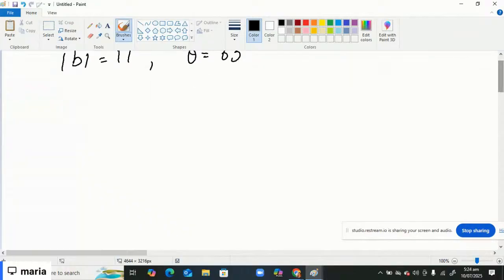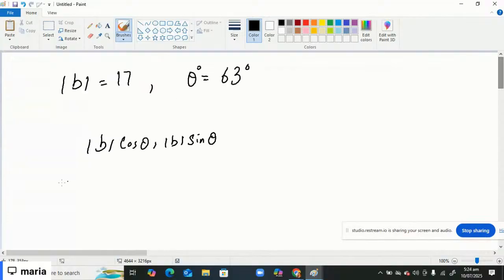Okay, now magnitude of B cos theta, magnitude of B sine theta, which is 17 cos 63 degrees, 17 sine 63 degrees.